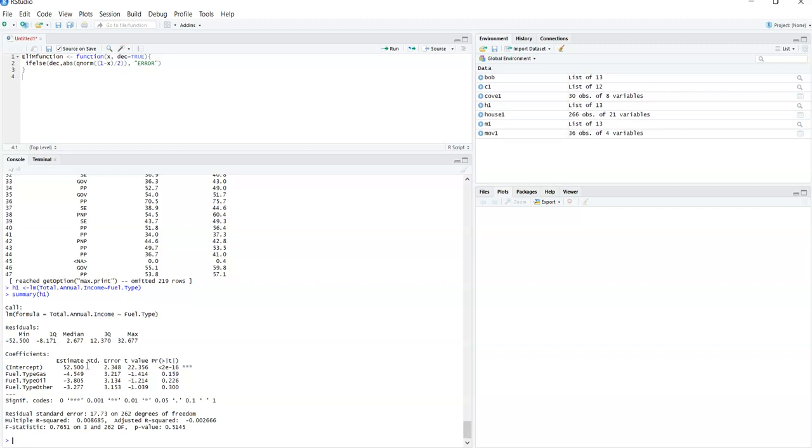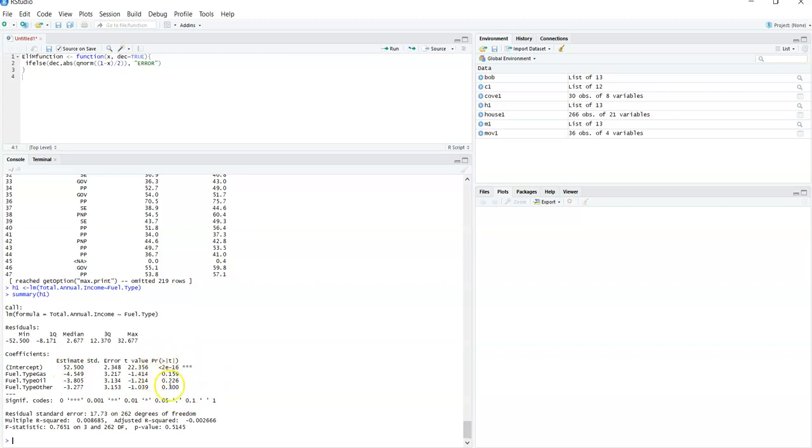If you have electric heat, we're estimating your salary is about $52,500. Notice the slopes in all these other variables are negative. The negative represents the loss in salary based on the other fuel types. If you have gas fuel, your salary will go down by about $4,000 to $4,500. That's what these represent, decreases.